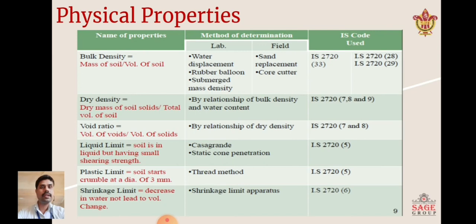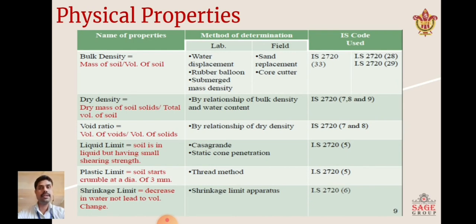That formula is based upon the relation between bulk density and water content. If we know the bulk density and water content, then we can calculate the dry density of the soil. The next physical property is void ratio, which is equal to volume of voids upon volume of solids. It can also be determined by the relationship of dry density.